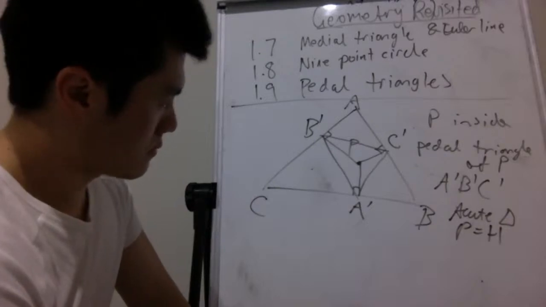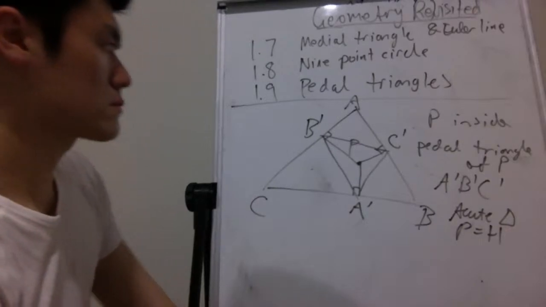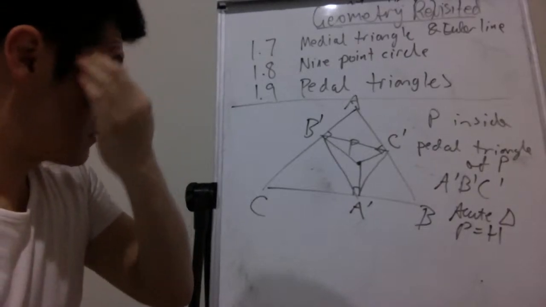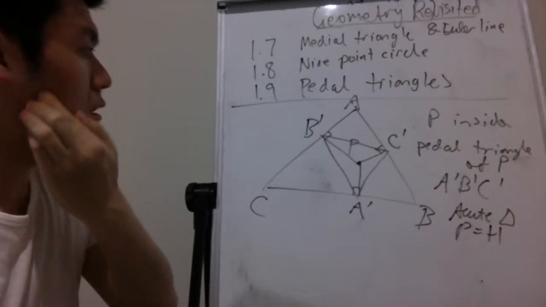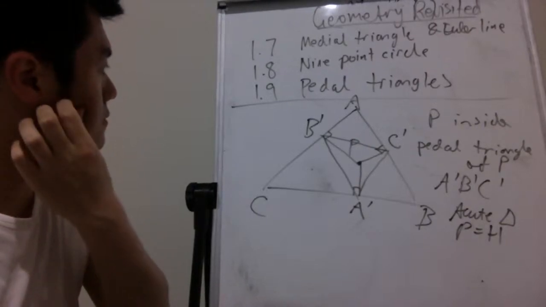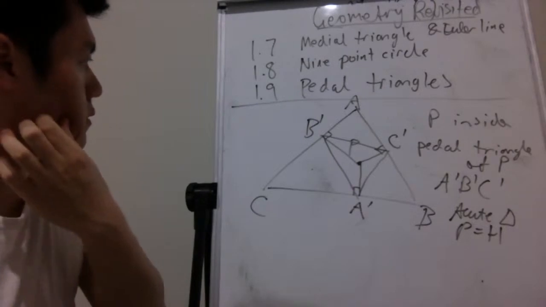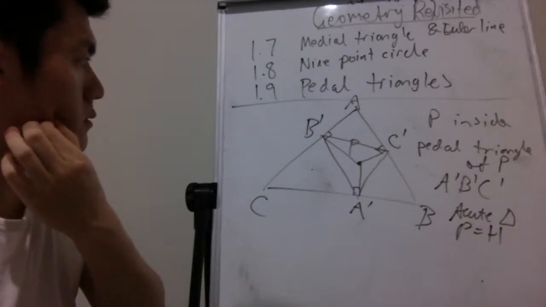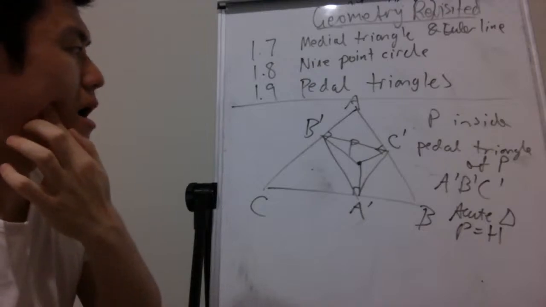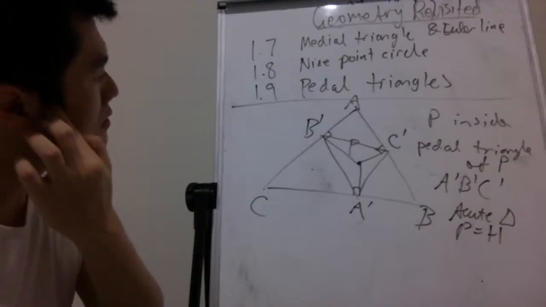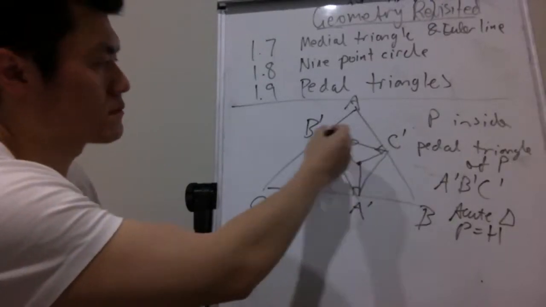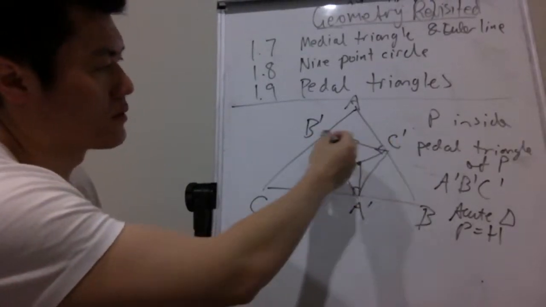The in-center means P is the circumcenter of A prime, B prime, C prime, if P is the in-center, because A prime, B prime and C prime all lie on the incircle.